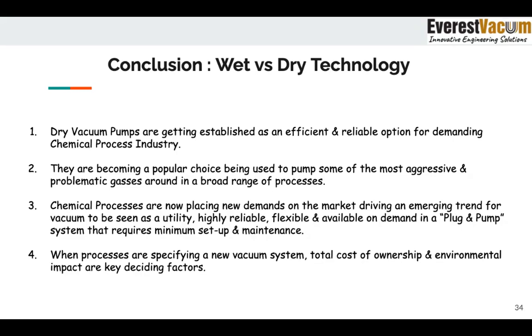When processes are specifying new vacuum systems, today we talk of total cost of ownership and environmental impact, which become the key deciding factors to choose the right type of vacuum pump.